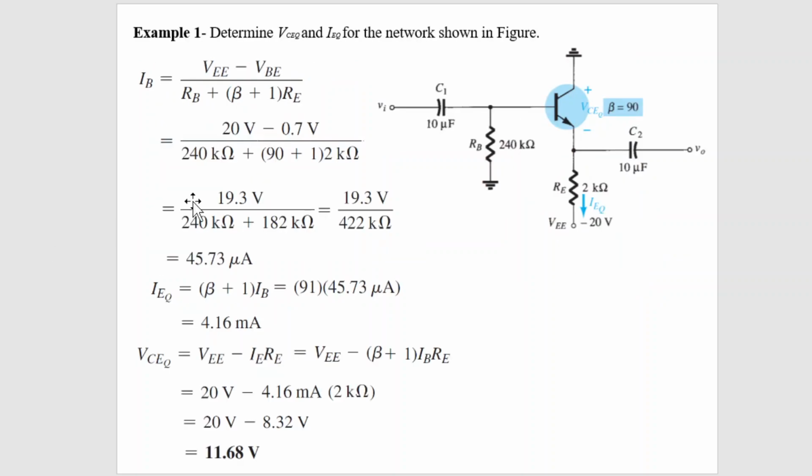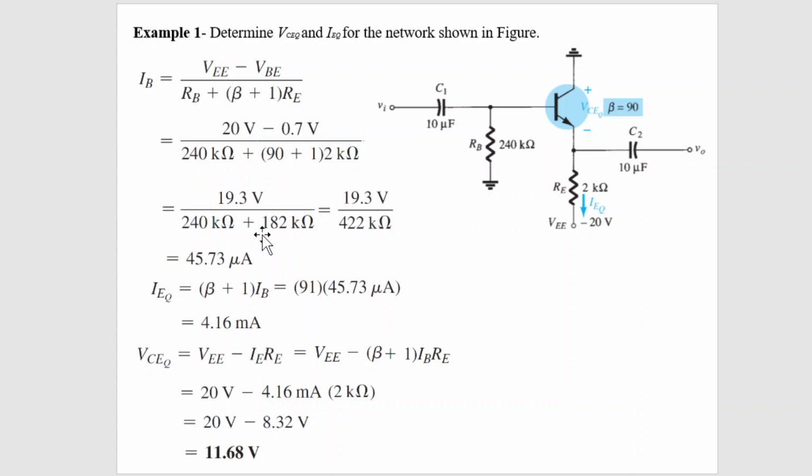So IB is equal to VEE minus VBE divided by RB plus, in brackets, beta plus 1 into RE. VEE is 20 volt, minus VBE, which we know is 0.7 volt, divided by RB, that is 240 kilo ohm, plus beta plus 1, that is 90 plus 1, that is 91, into 2.